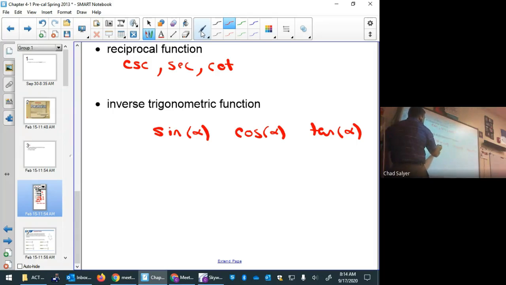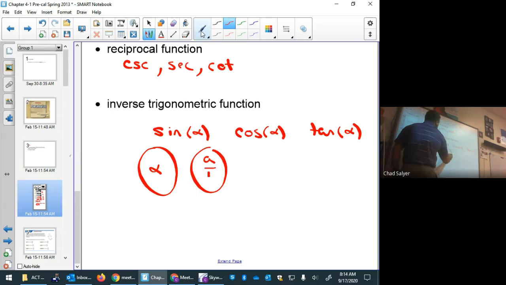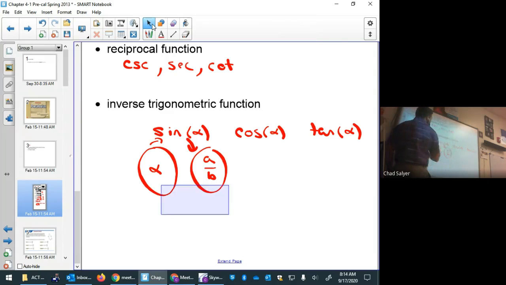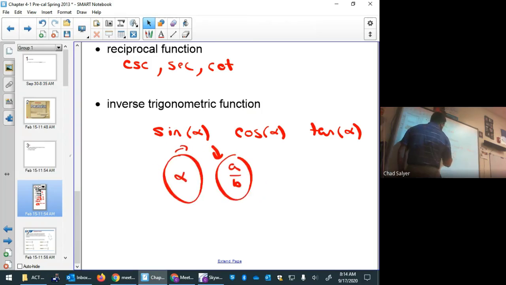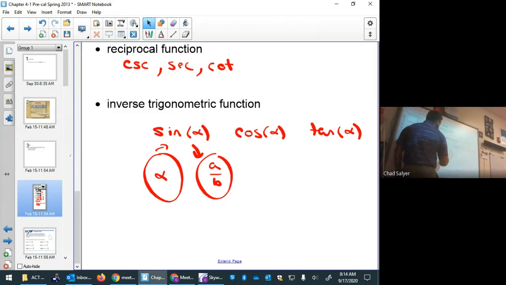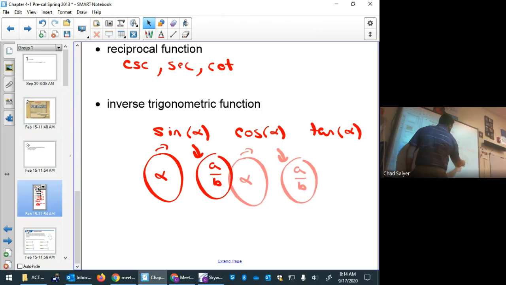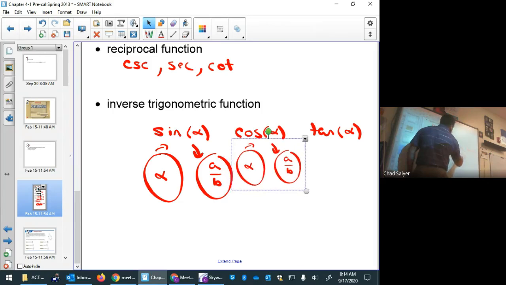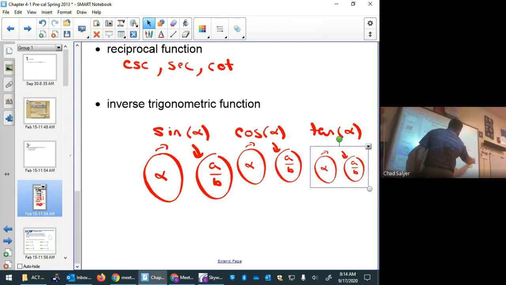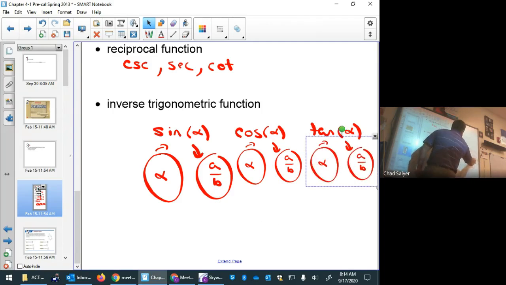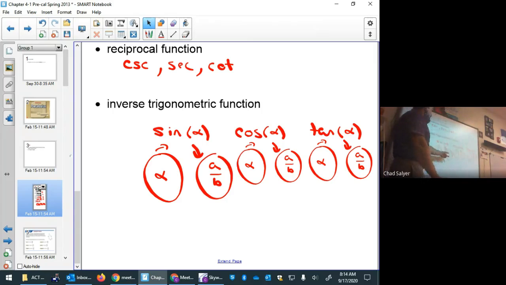In every case, you've got a bag of angles and a bag of ratios, and these functions map angles to ratios. So these map some angle to some ratio.